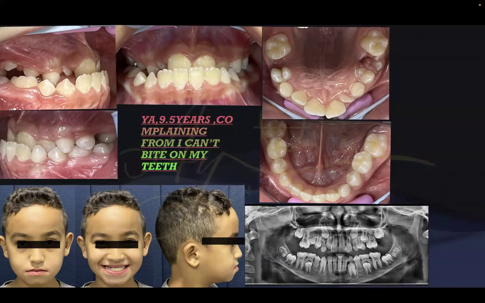The upper occlusal photo shows that the teeth from 6 to 6 are present except the 5s and 3s; the upper right 5 and upper right lateral incisor are erupting, and the patient has moderate crowding. The left buccal photo shows that the patient has a class 3 incisor relationship with a reverse overjet of more than 3.5 millimeters with a posterior cross bite, and the midline shift is present towards the right by 3 millimeters.